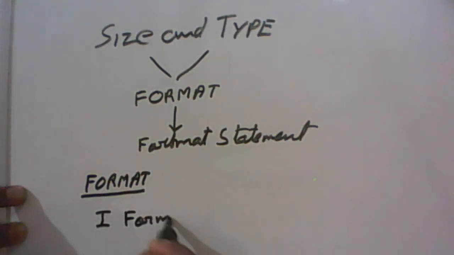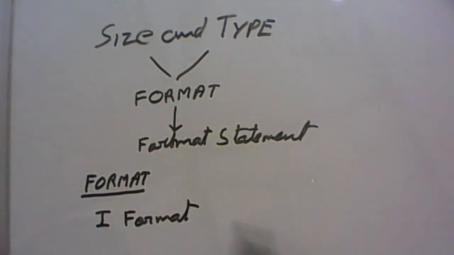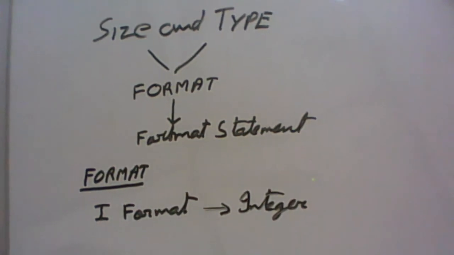So you can make out from here, I format means integer format. I stands for integer. So integer format means if I want to input or output an integer type of data, integer means this is a numeric constant, then I use the integer format.